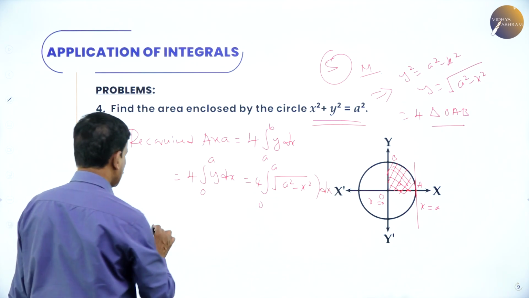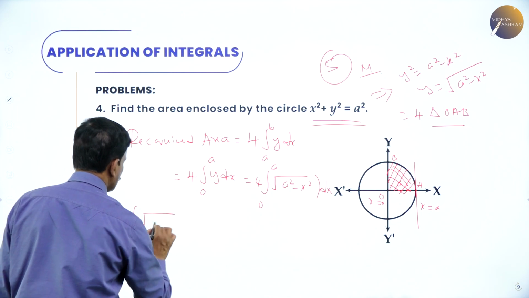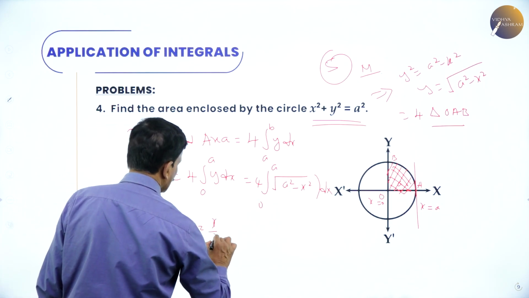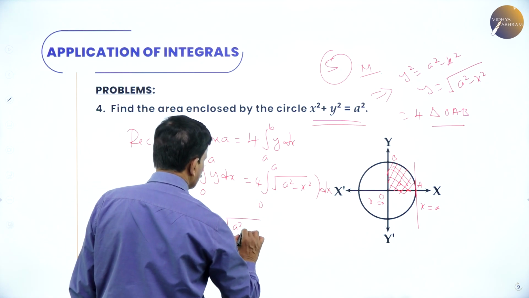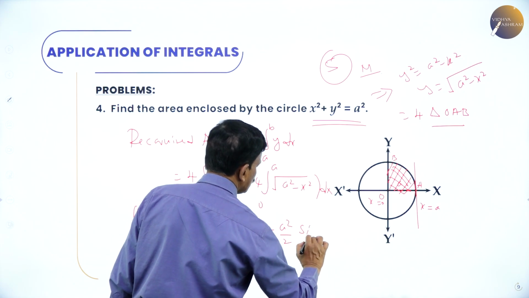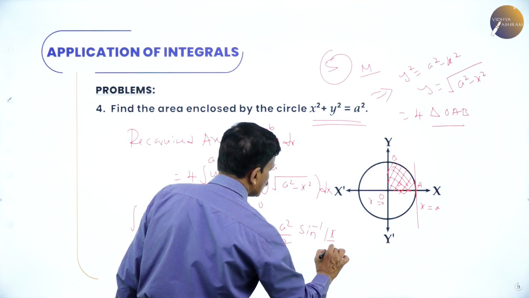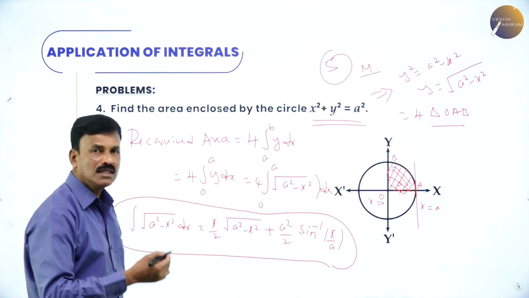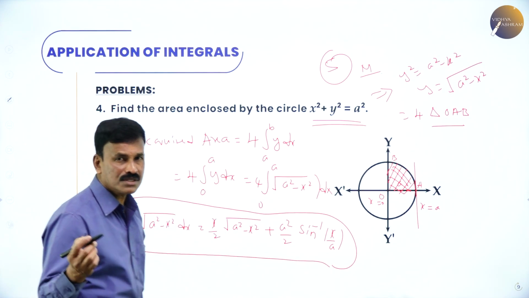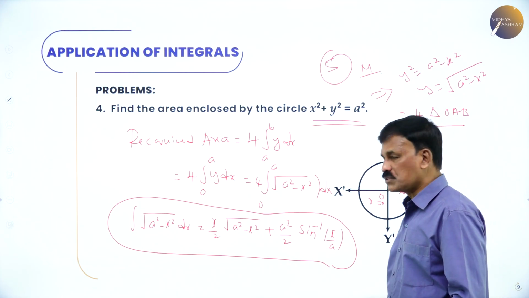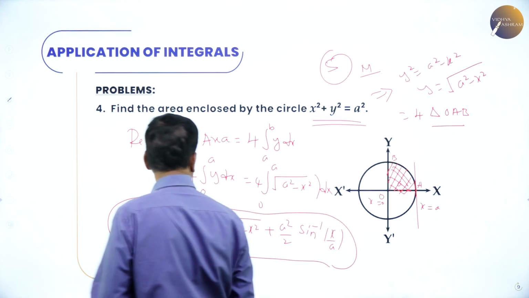Now, you know one standard formula is there. Integral root of a square minus x square dx is equal to x by 2 into root of a square minus x square plus a square by 2 into sine inverse of x by a. Just make use of this formula and apply the limits, you will get the answer. Substitute here.